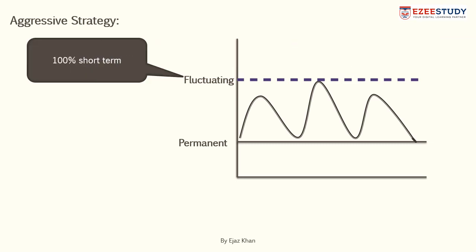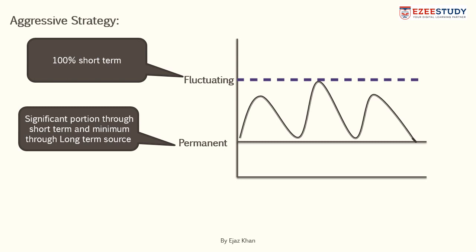So in aggressive strategy, the fluctuating working capital will always be financed through short-term source, whereas the permanent working capital will significantly be financed through short-term source, and a very minimum level of permanent working capital will be financed through a long-term source. So you can clearly see that in this strategy, the inclination of the management will be towards short-term finance so that it earns more.